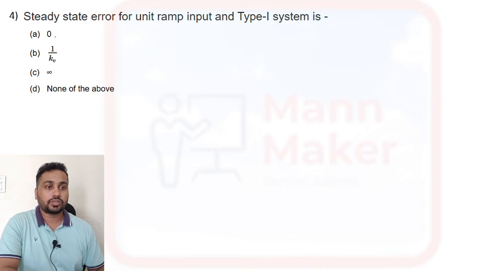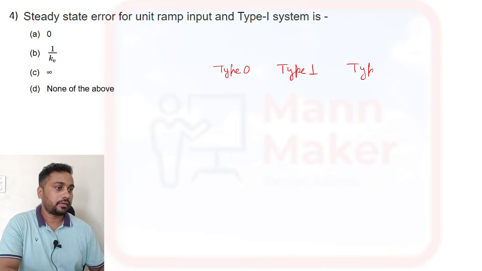Now the next question: the steady state error for a unit ramp input and a type 1 system is what? Here they are asking about steady state error. Generally in a control system, we have type 0, type 1, and type 2 systems.